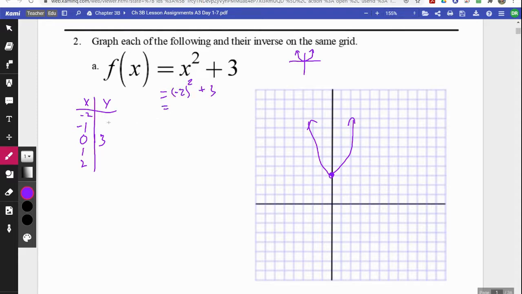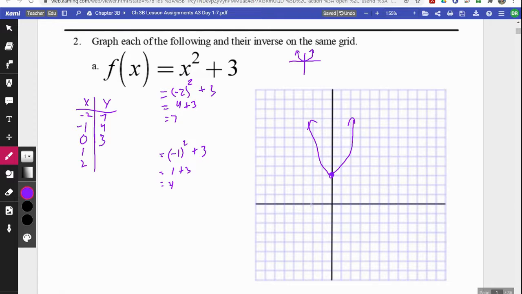But if I wanted to know what the ordered pair was when x is negative 2, I'd plug it in. Negative 2 squared is 4, plus 3 is 7. Same thing, we could plug in negative 1, and you would get negative 1 squared is 1, plus 3 is 4. So I did the left side here.